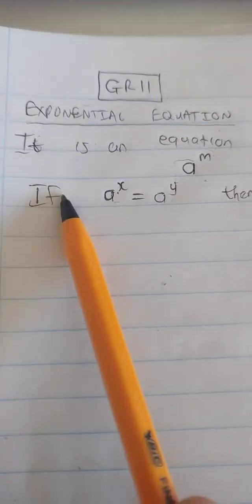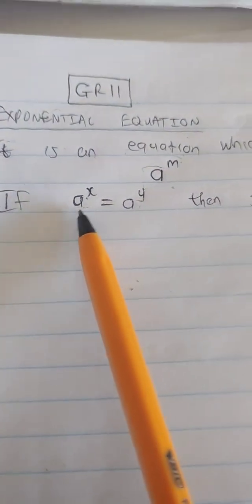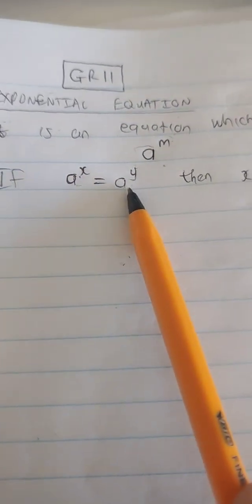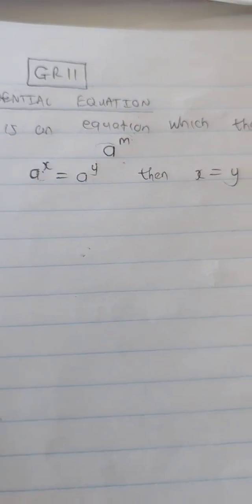So we repeat again. If a to the power x is equal to a to the power y, then we can say that x is equal to y. So if in exponential equations the bases are the same, then we can simply drop these bases and simply equate the exponents.